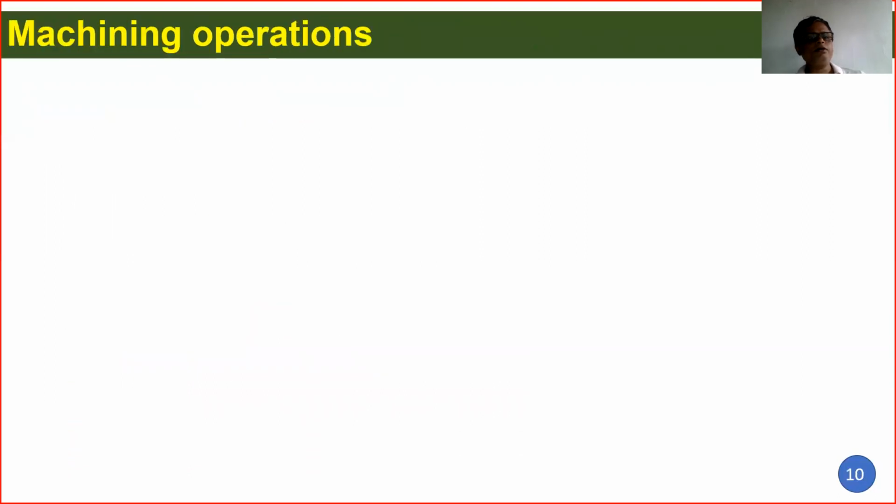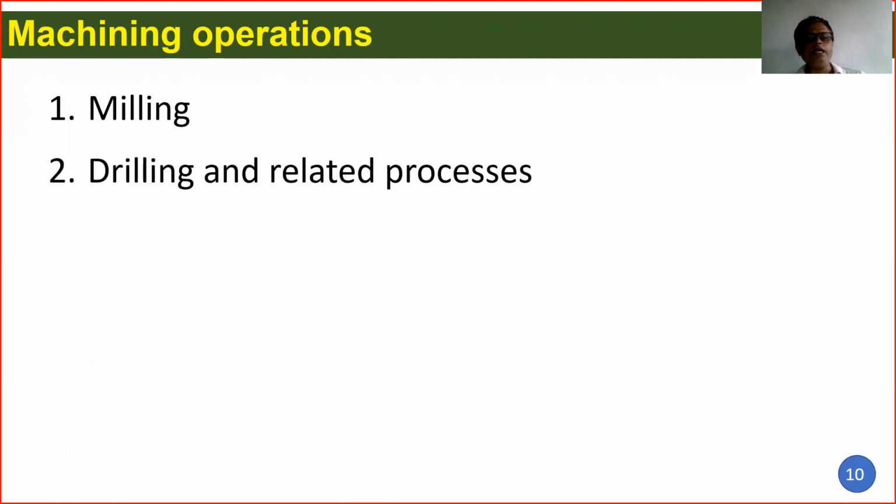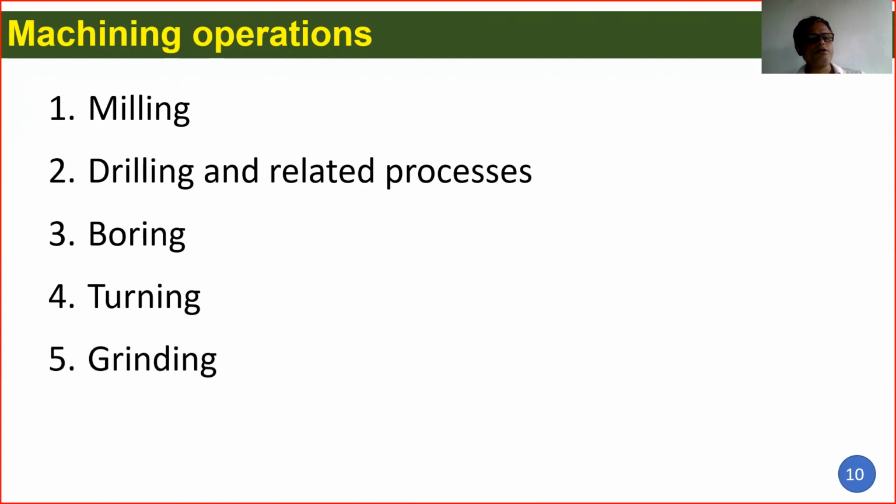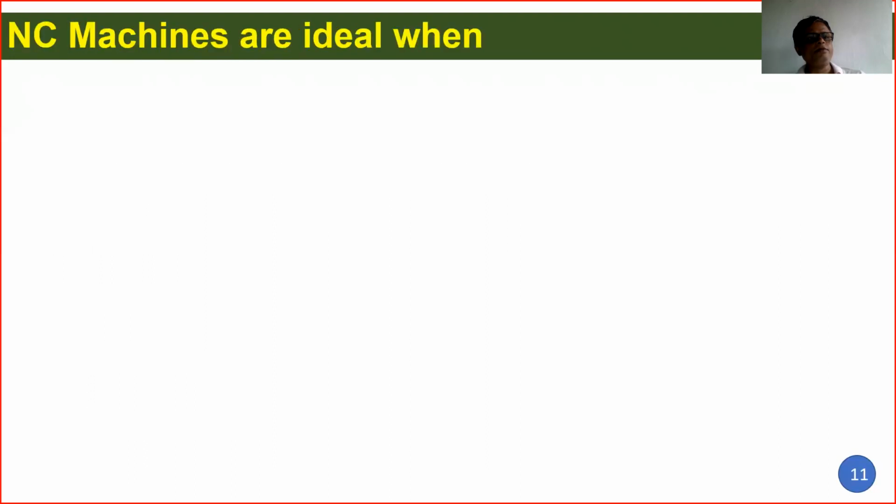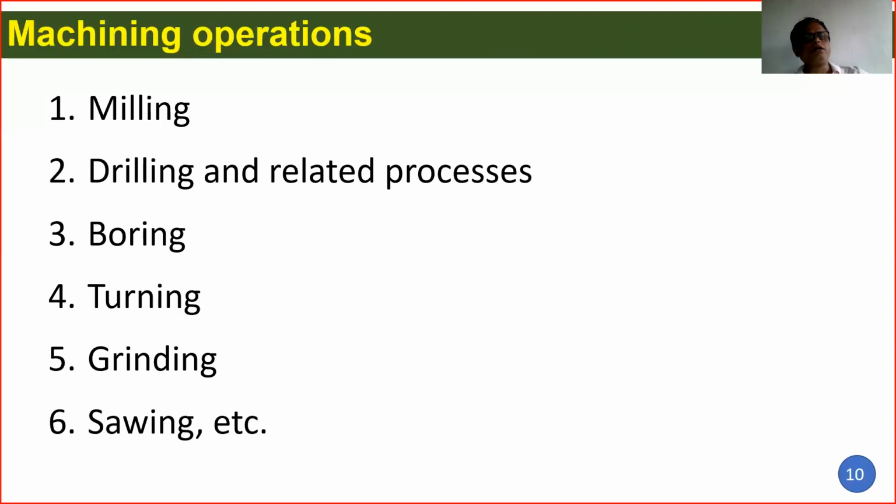In machining applications or machining operations, the NC is used for milling operation, drilling and related processes, boring, that is enlarging the existing hole, turning operations, grinding, sawing. So all these are machining applications of NC machines.